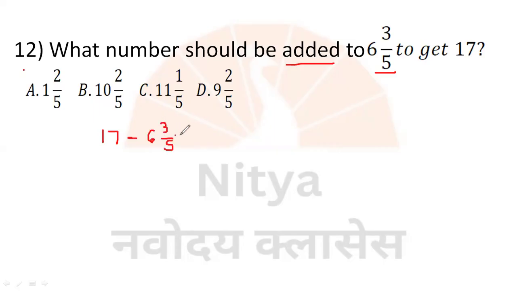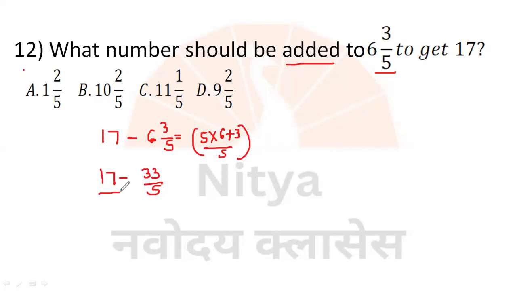When we subtract, we get that number to be added. So first of all, we have to convert it into an improper fraction. This is a mixed fraction. 6 fives are 30, 30 plus 3 is 33, divided by 5. How do we convert? 5 into 6 plus 3, divided by 5. So that is 33 by 5.